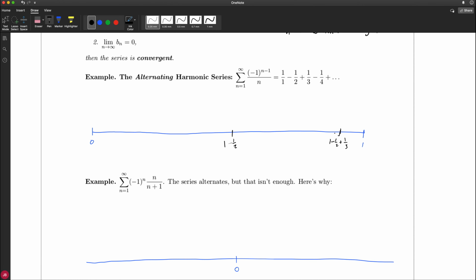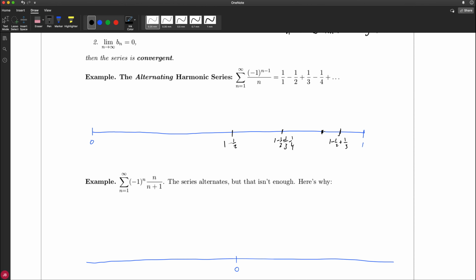The next thing I do is I now go backwards 1/4 from here. That's how I get the next partial sum. I don't go all the way back to where I came from. I only go backwards 1/4, so that's maybe right around here. So 1 minus 1/2 plus 1/3 minus 1/4. Now the next thing I would do is go forwards 1/5, and that would put me maybe right back here.